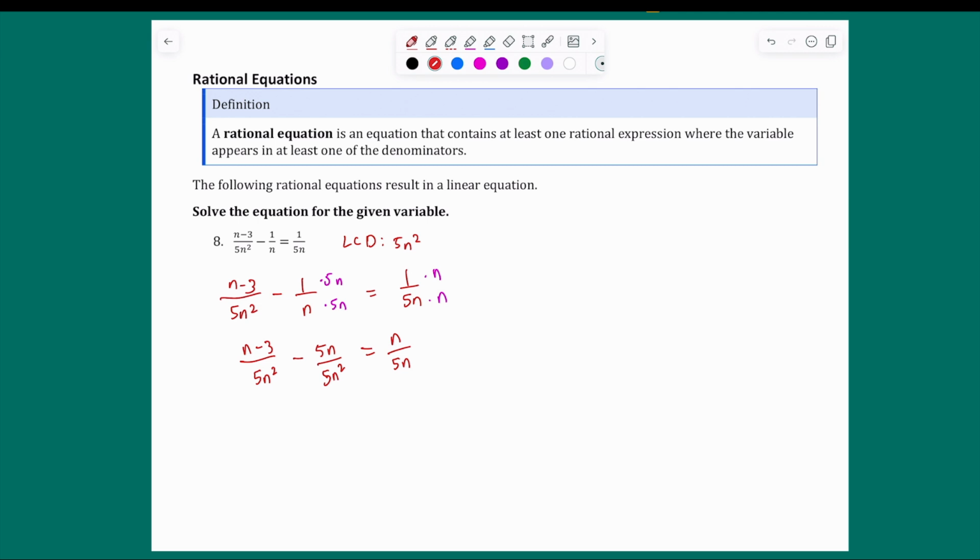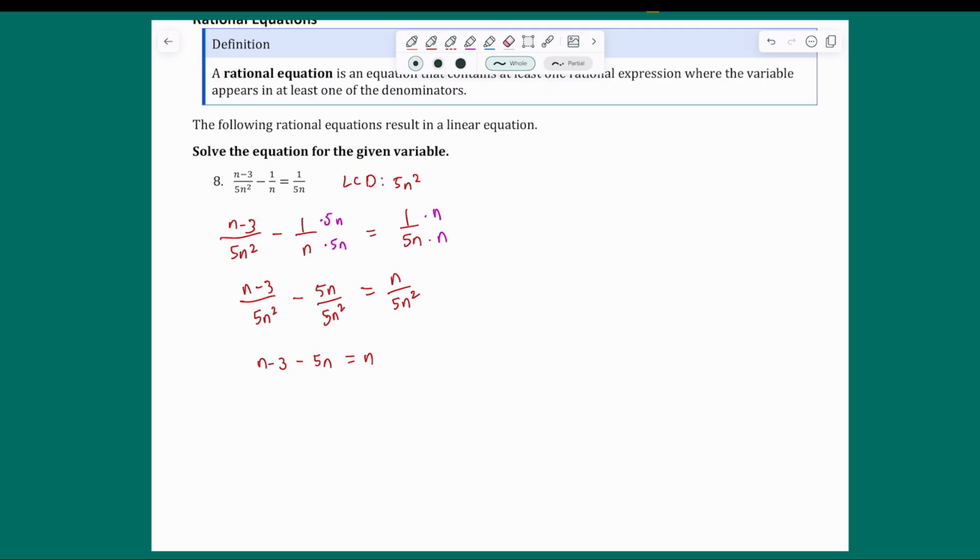Then I like to say forget about the denominators. They're all the same now, and it's like multiplying through by the LCD, and that leaves me with n minus 3 minus 5n equal to n.